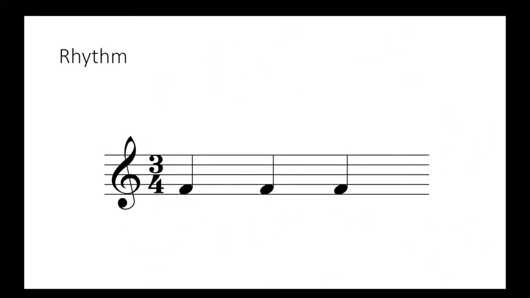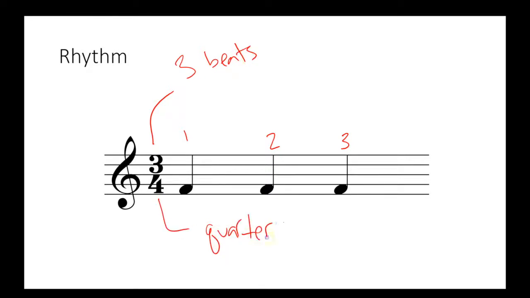So to look at some other common ones, 3/4 time. This is usually used for waltzes. It would go 1, 2, 3, 1, 2, 3. 3 beats per measure, and still the pulse is a quarter note.